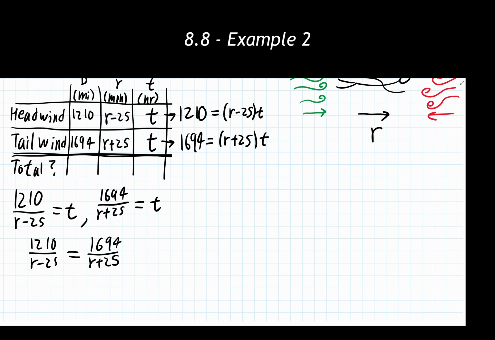I'm getting 72,600. I'm dividing both sides by 484. And when I do that, I'm getting 150 equals r. And again, r represents our speed that he'd be traveling if there is no wind at all.